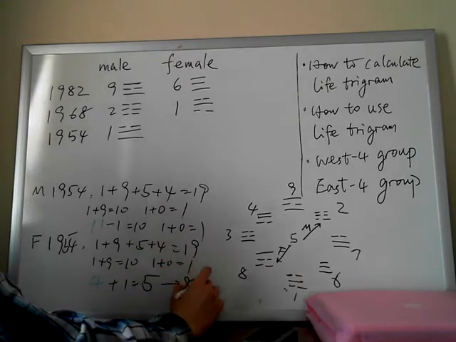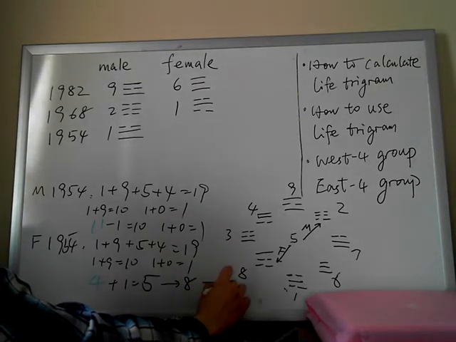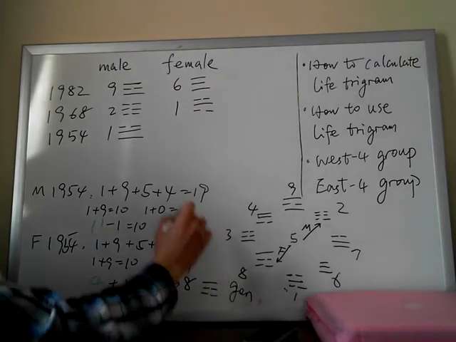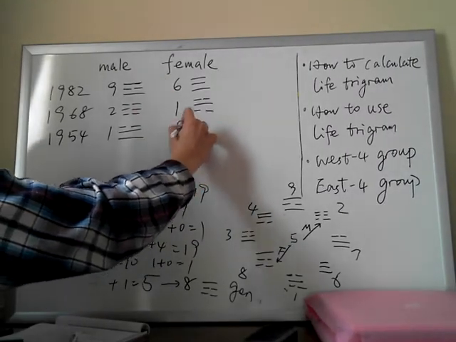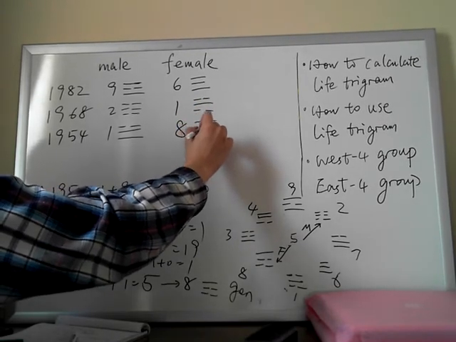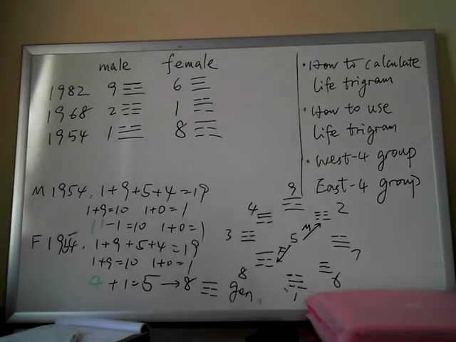You use 8 substituted for 5. So 8 is Gen. So for a female born in 1954, the life trigram is Gen. That is how to calculate the life trigram.